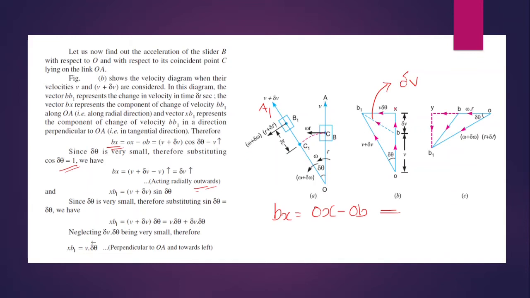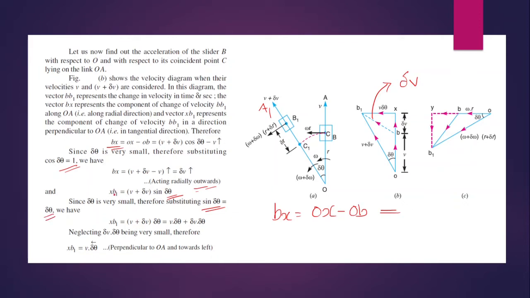Then xb1 is equal to v plus delta v sine delta theta, where v plus delta v is the hypotenuse. Since delta theta is very small, we can substitute sine delta theta as delta theta.